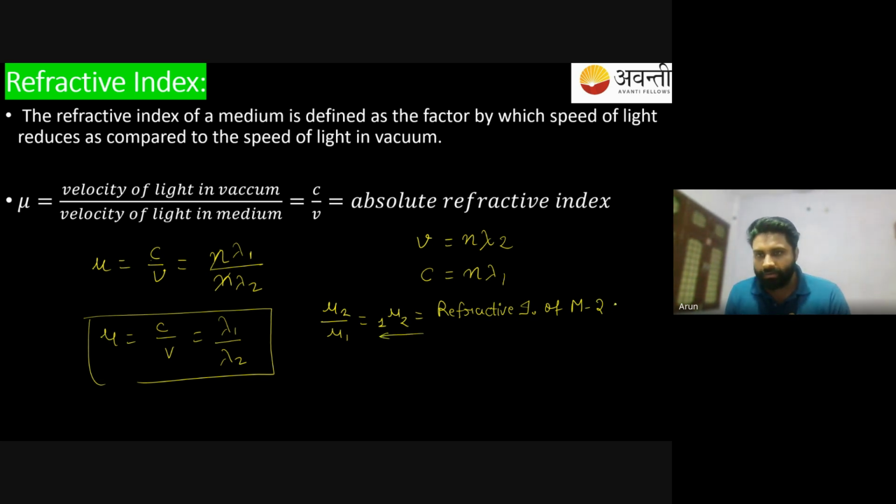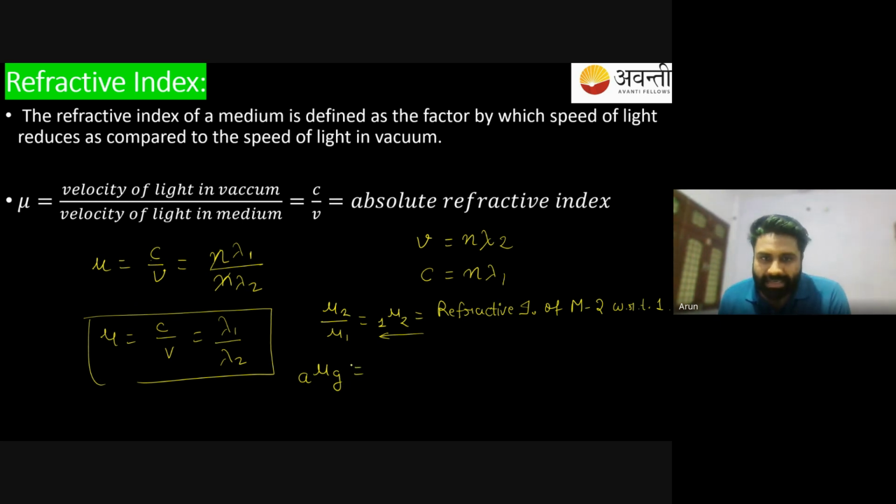Medium 2 with respect to medium 1. Suppose it is written as A mu G. What does this mean? G means glass and A means air.